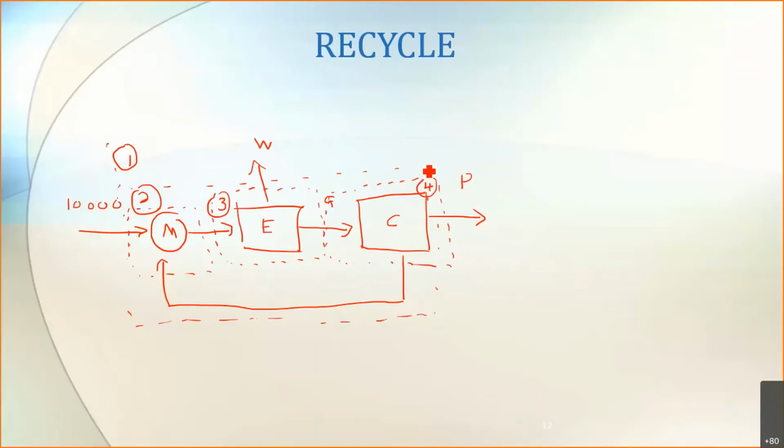The next thing is that we want to find the value of W, right? The value of W, and this is the value of R here. In order for us to find the value of W, we can either use the overall system, because in the overall system I have feed, W, and product coming out, right?